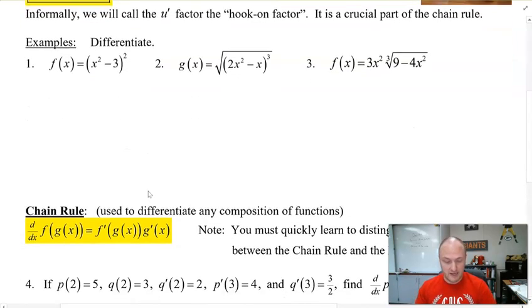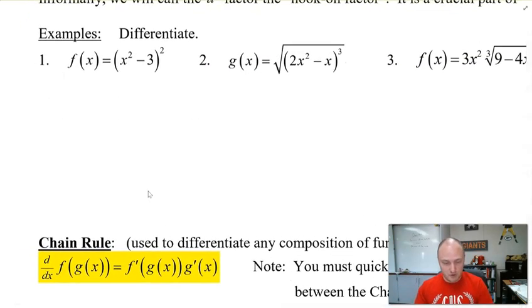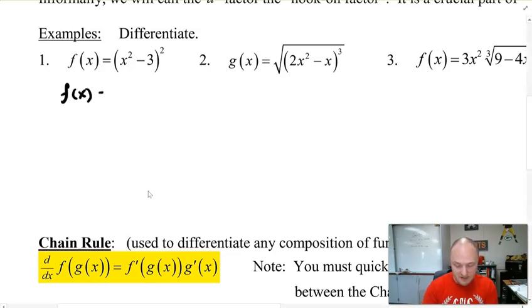Let's go ahead and look at an example. Here we have f of x is equal to x squared minus 3, to the power of 2. I'm going to take the outside and put it in blue, and the derivative of the inside I'll put in red, just so you can easily see this idea.